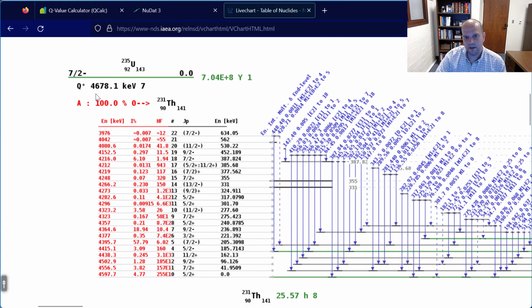So for uranium-235, 100% of the time I'm going to have an alpha decay, and it's going to go to thorium-231. But I've got many, many energy levels for that thorium-231.